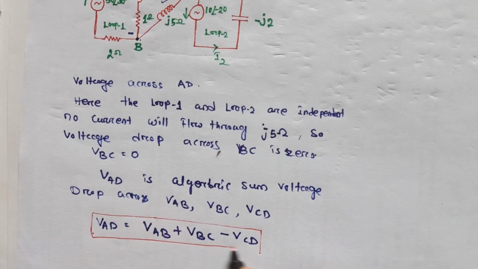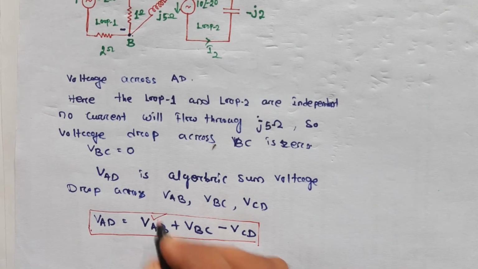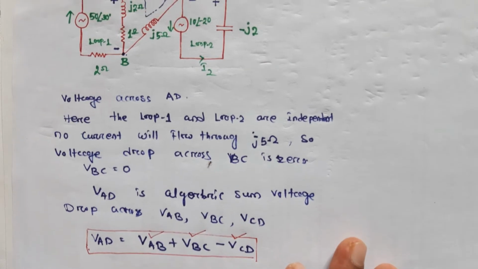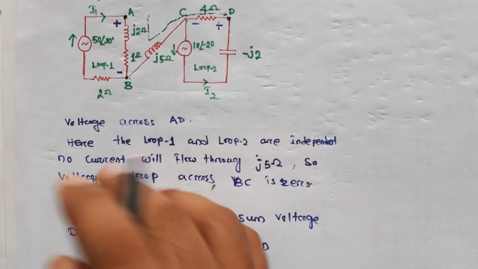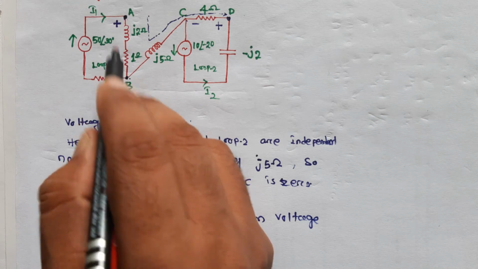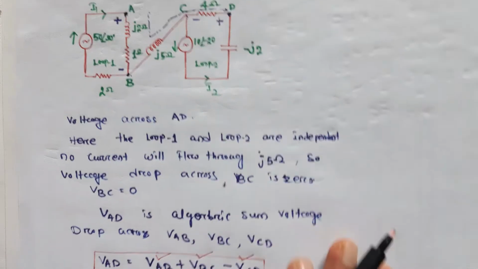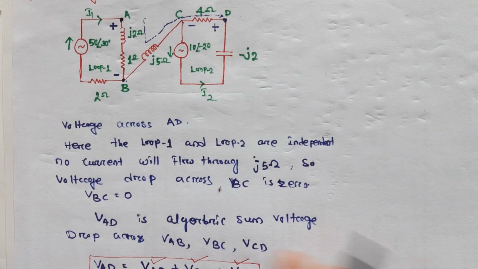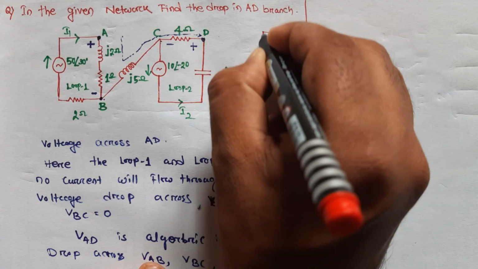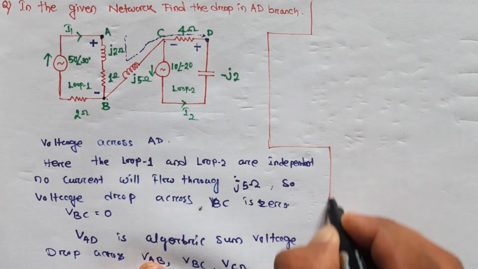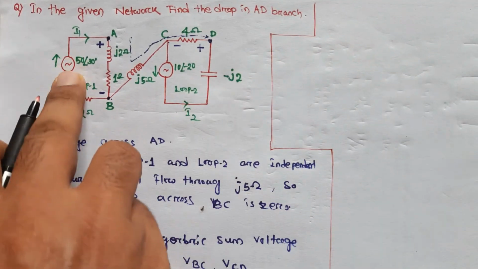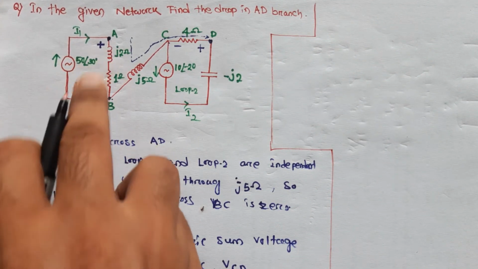So we need to find VAB. We already know VBC is 0, and we need to find VCD. For finding VAB, we first need to find I1, then find the drop across this impedance. For finding I1, I1 is the total voltage divided by the total impedance.